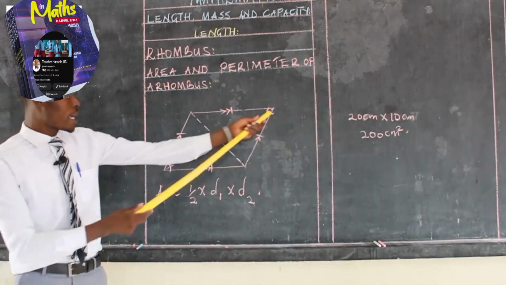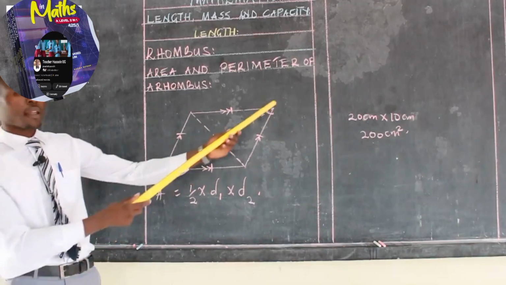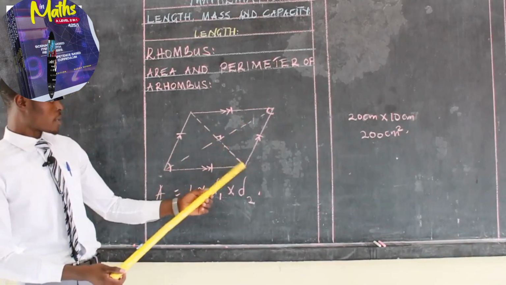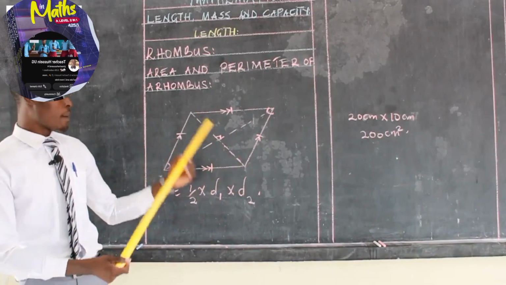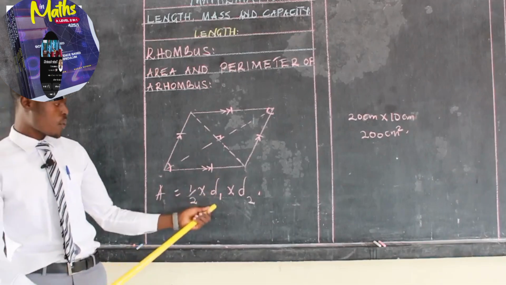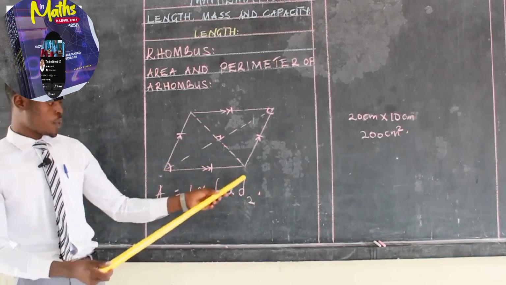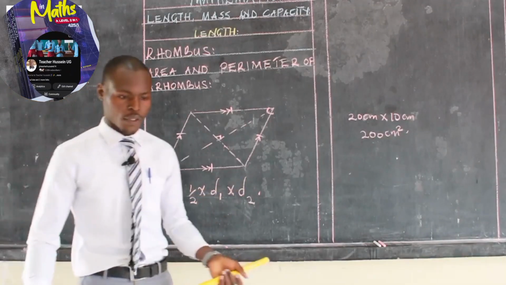The long diagonal from this vertex to the other is what we call the major diagonal. This smaller one from this vertex to this one here is the minor diagonal. The major diagonal is given as D1, whereas the minor diagonal is given as D2, not standing for diameter, but standing for diagonal 2.